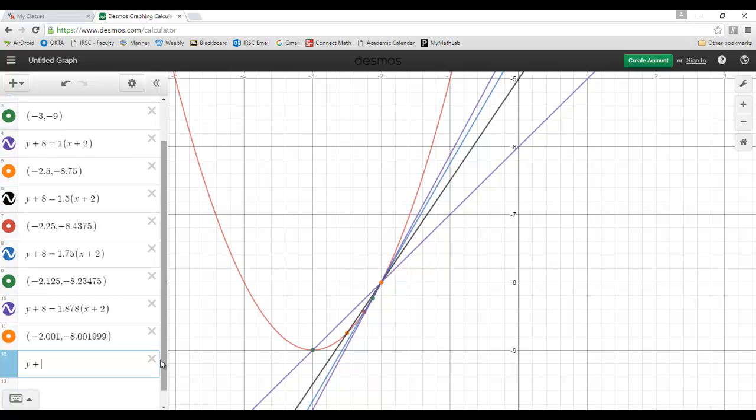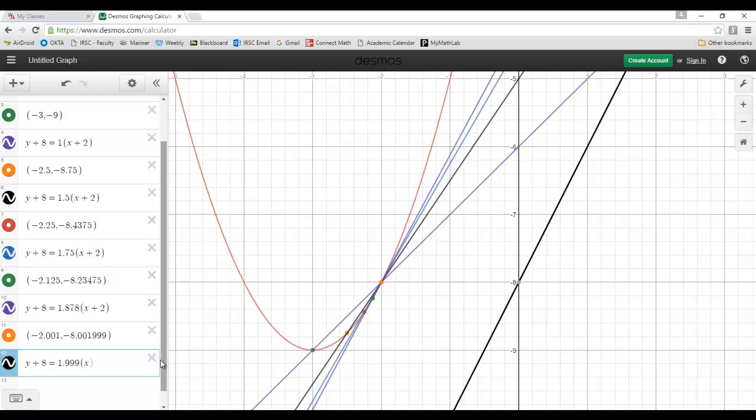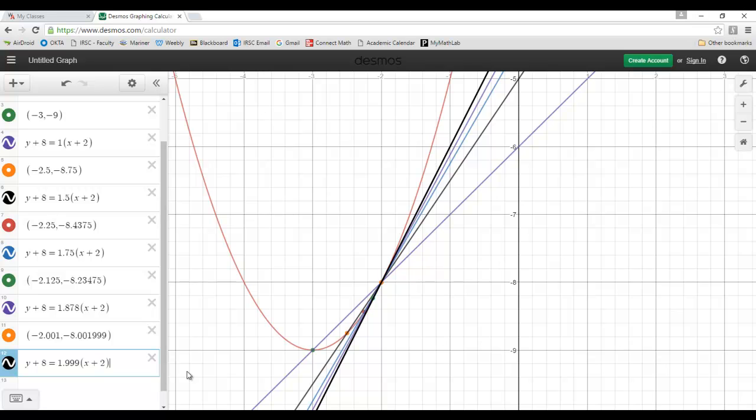It was y plus 8 equals m, which is 1.999, times x minus x1, which simplified to x plus 2. So which line did I get? A new darker black line. So see again how my secant lines are getting to be better and better approximations of my tangent line at the point -2, -8.